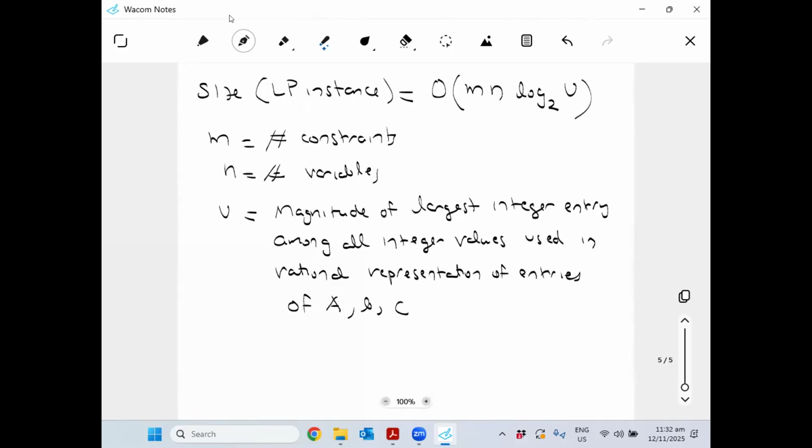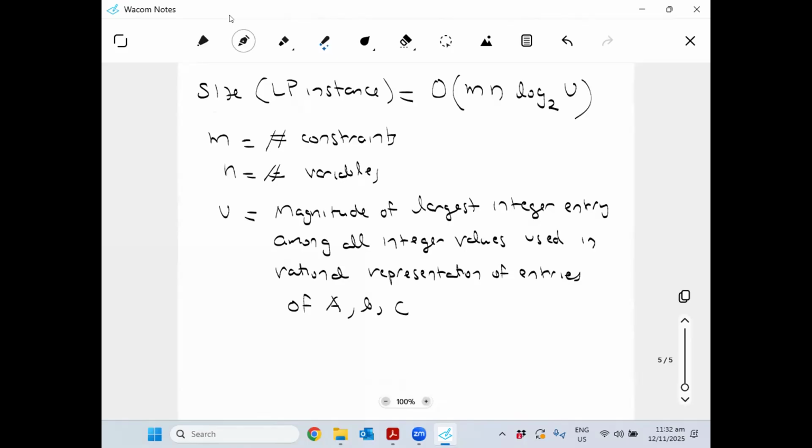So I've got a matrix A, a vector B, and a vector C. Each of these has rational numbers. If you want to think of them as integers for now, I've got integer numbers in each of them. I figure out which of these integers has the largest magnitude. I require log of that many bits to store it, because everything else can be stored with fewer bits. And if I've got rational numbers, for every rational number I'm going to use some integers to represent it.